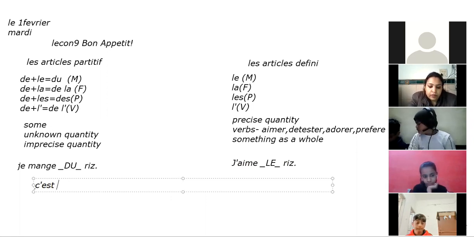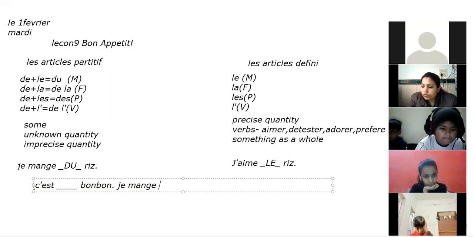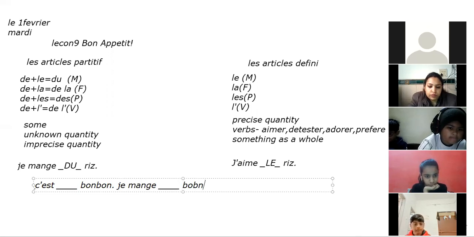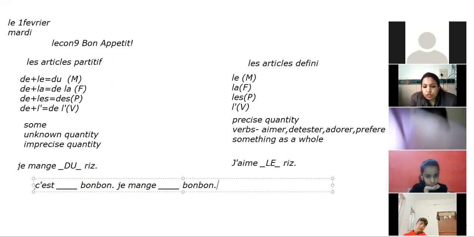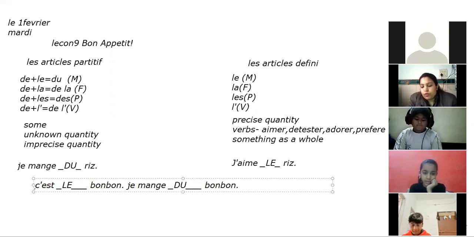Say dash bonbon. Je mange dash bonbon. I eat dash toffee. So your answer will be j'aime le bonbon and je mange du bonbon.